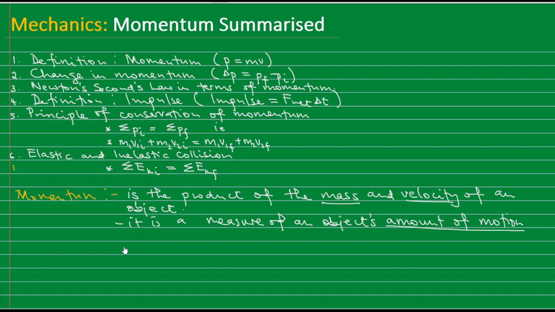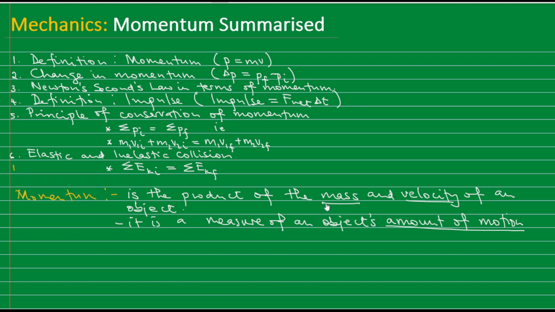So Newton, what he's saying here is that there are 2 things that determine the extent to which we can stop a moving object, or whether it is easy to stop that moving object. And these quantities are 1, the mass of an object, and the velocity of an object.